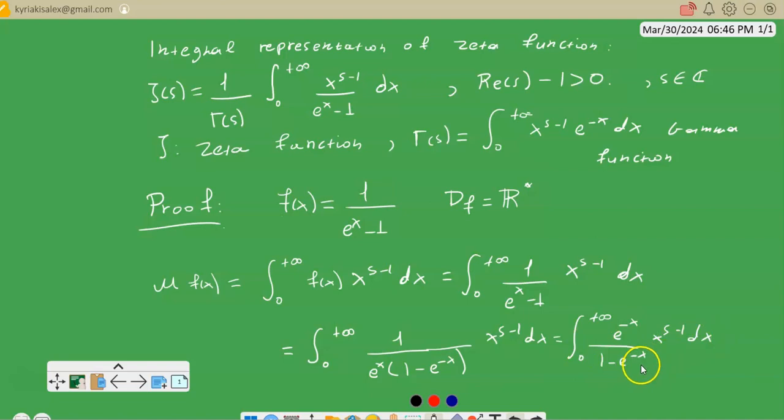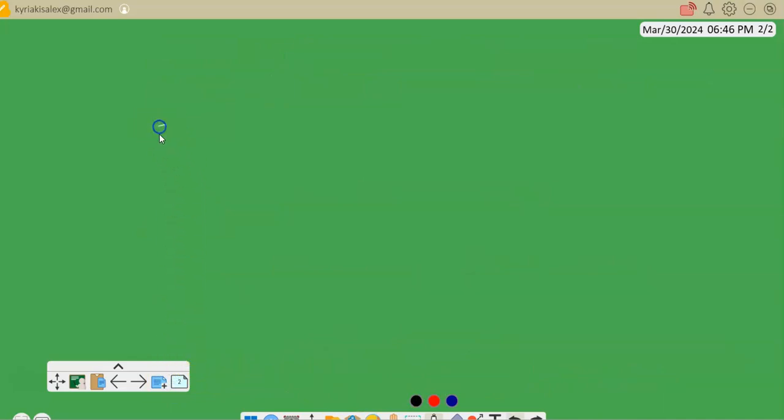Now, how do we write this integral? It's the integral from 0 to infinity of e to the power of minus x divided by 1 minus e to the power of minus x, times x to the power of s minus 1 dx.